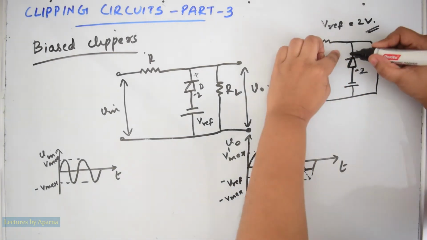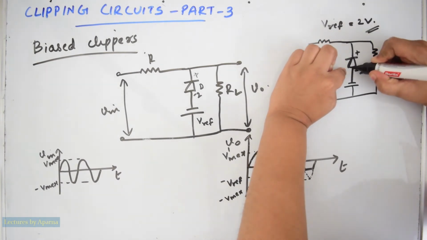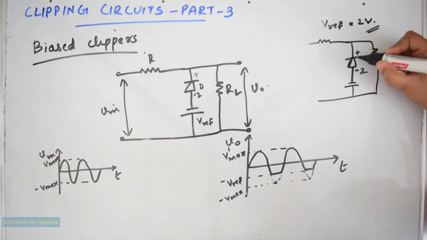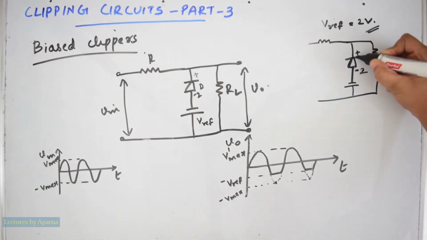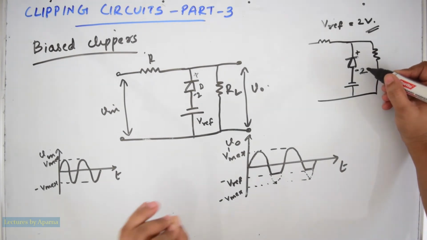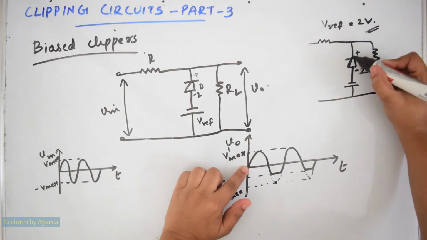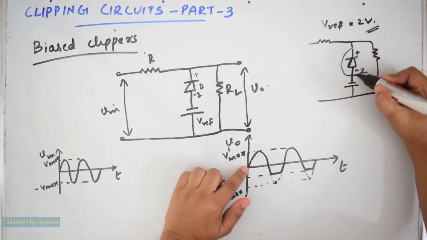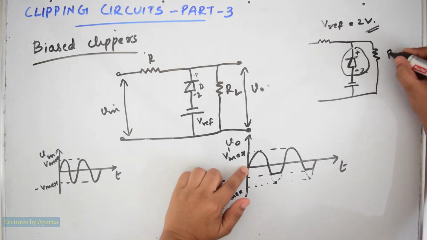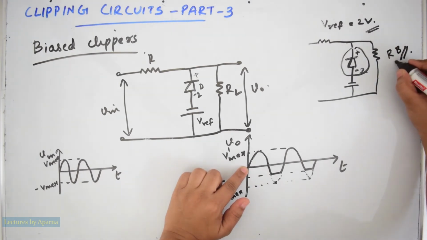So this is the cathode and this is the anode of the diode. The cathode will be more positive than the anode, obviously, during the positive values coming at the cathode. So this diode will be reverse biased. That is, reverse biased means the diode is off.